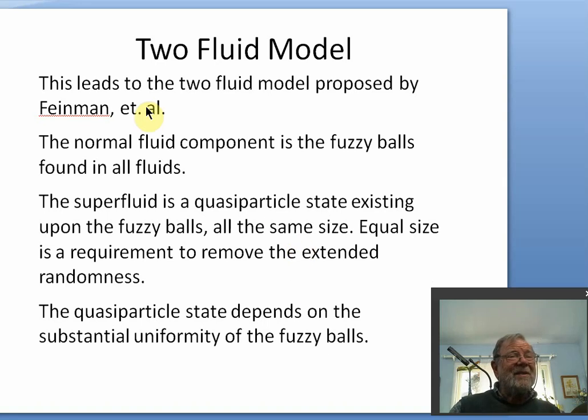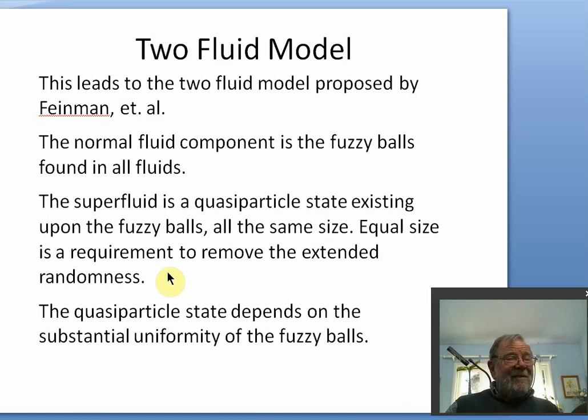So this leads to the two-fluid model proposed by Feynman et al. The normal fluid component is the fuzzy balls found in all fluids. The superfluid is a quasi-particle state existing upon the fuzzy balls, which are all the same size. Equal size is a requirement to remove extended randomness.